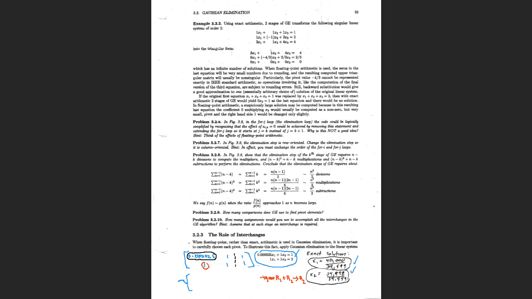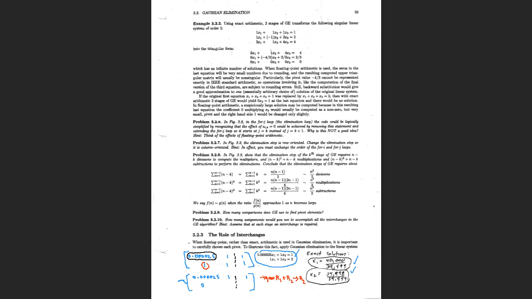If we did that, this would be our row equivalent matrix. See, we get a 0 here.